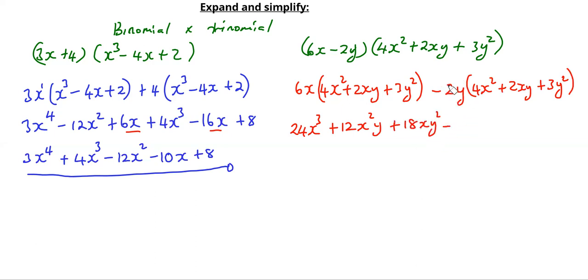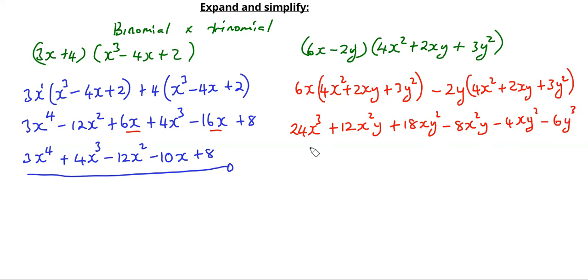Then minus 2 times this is going to give us minus 8x squared y. Then negative 2 times this one is going to give us negative 4xy squared, because there's a y and a y there. Then negative 2 times this one is going to give us also negative, because there is no other negative here, negative 6y to the power of 3.